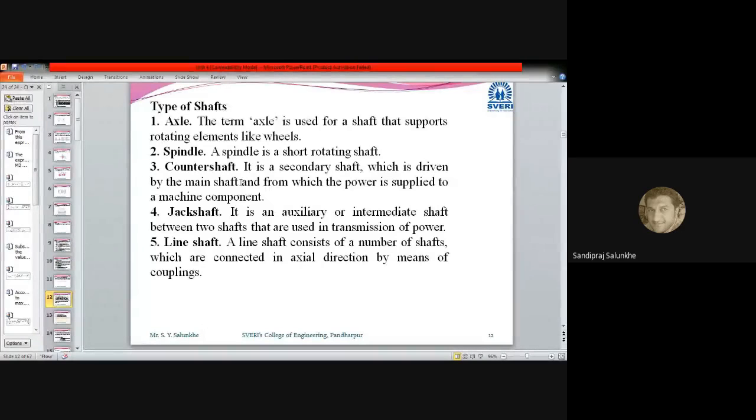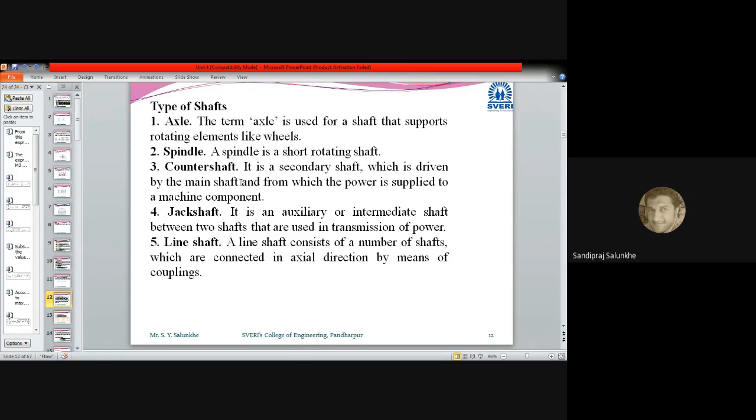For example, a trolley axle is the axle supporting the wheels of that trolley. Whereas for cars, when power is transmitted from the engine to the wheel, the element transmitting it is basically a shaft, but it is named an axle.